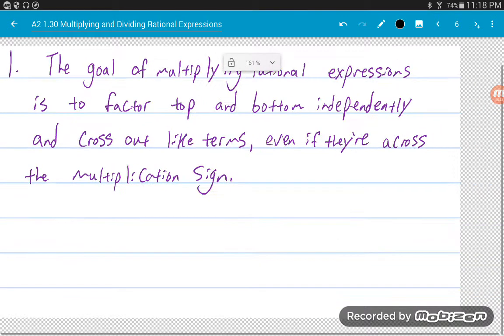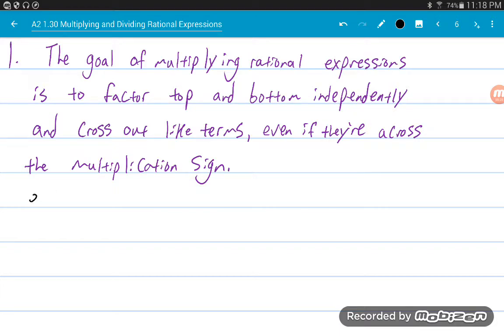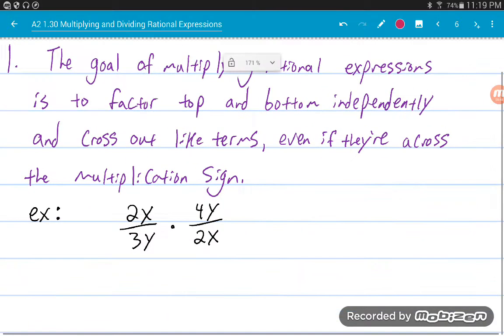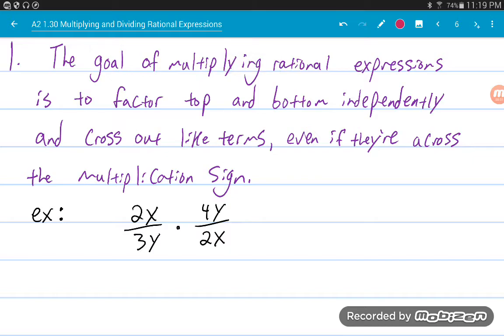So let me start you off with a really easy example that's not on your sheet. Now, if you read your notes, you'll see that I put down right here, and you should have written it as well, that the goal of multiplying rational expressions is to factor the top and the bottom independently and cross out like terms even if they're across the multiplication sign.